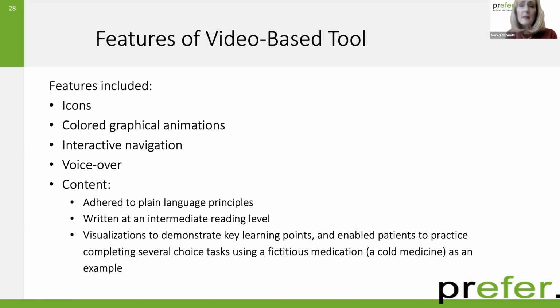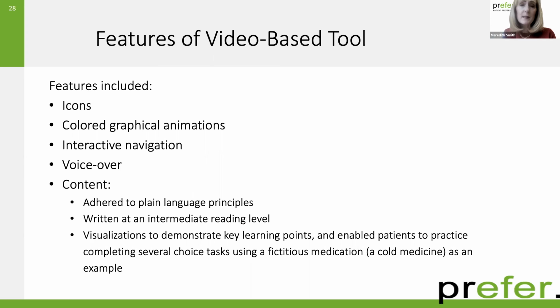Here are some of the key features of our video. These included color graphics, interactive navigation. There was a voiceover, a variety of different icons were used, and then the content adhered to plain language principles that were written at an intermediate reading level. For those in the US, that would be approximately 6th to 8th grade reading level.